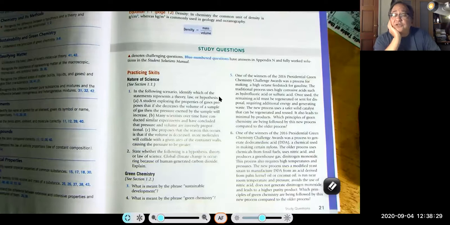The answer is you could use less gas because it should have fewer molecules, or you could use more gas because that should have more molecules. For C, I think some people might think that might be a theory. And I'm not sure that it is, because you could do a lot of experiments to show that this type of thing is going on in A, and then this could be the idea behind it. So it really depends on what part of the experiment or research you're doing for C.